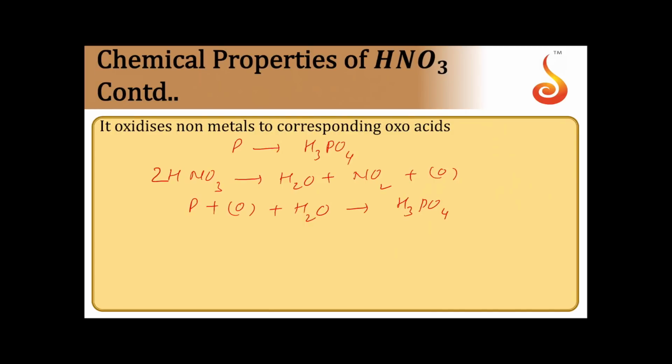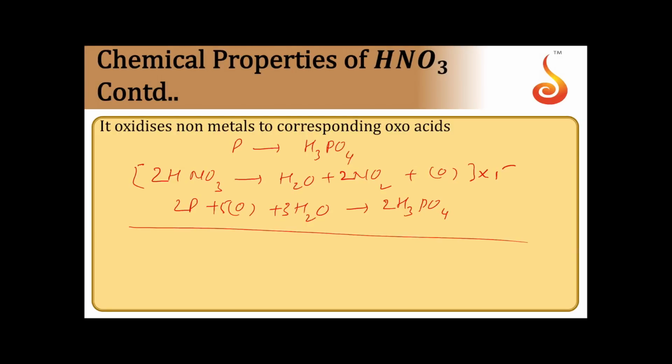Upon balancing this, you get 2 and 2 in the first reaction. When balancing the second reaction, this will be 3 and this should be 2. Oxygen will be 5, so we require 5 oxygens, and this should be multiplied by 5.